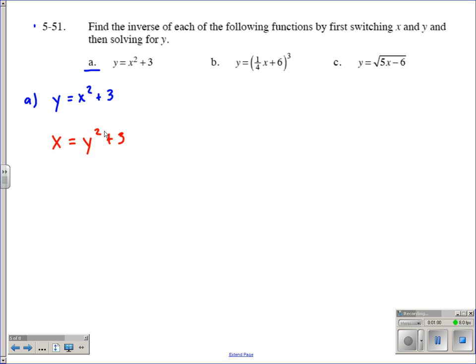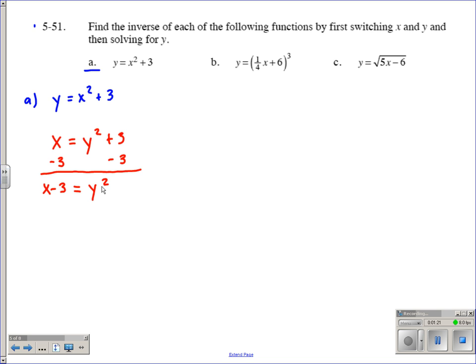Well, to get y by itself, I don't take the square root yet, so hold off on pulling that trigger. Let's get rid of the 3 first. Subtract your 3 from each side, and we're looking at the expression x minus 3 is equal to y squared.